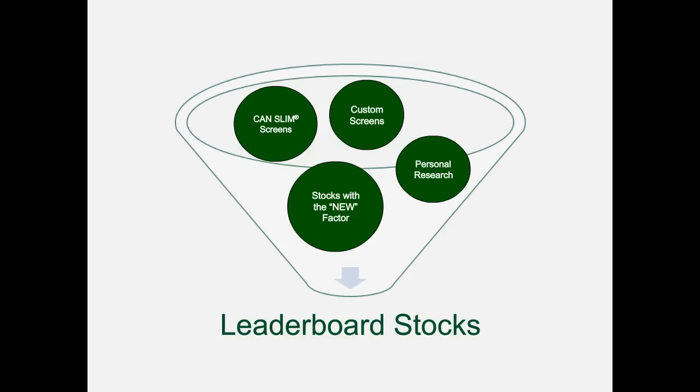And I think the average tenure here is probably 20 years. A lot of us have been here longer than 20 years. So when we're looking for stocks, we're doing the CANSLIM screens, the IBD 50, sector leaders. We use Growth 250 quite a bit. We run our own custom screens. Each of us has little special things.